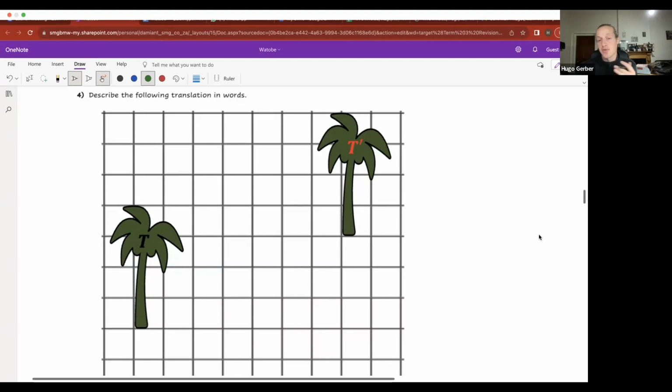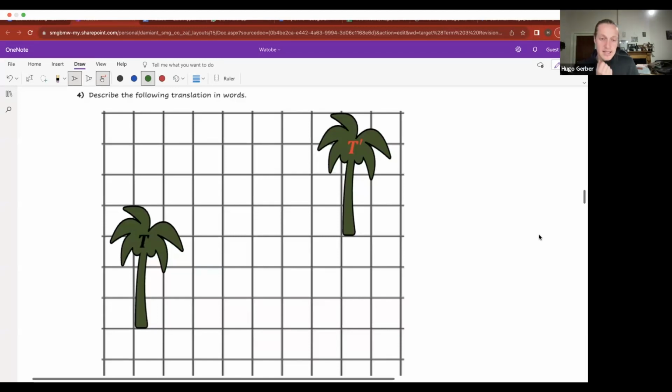If you just go from T prime back to T, it is not going to be correct. Okay? That's what I said when we did this. Remember that when they ask you to describe the following translation, describe how they move from T to T prime, and not the other way around, because it's going to be the complete opposite and it is going to be wrong.